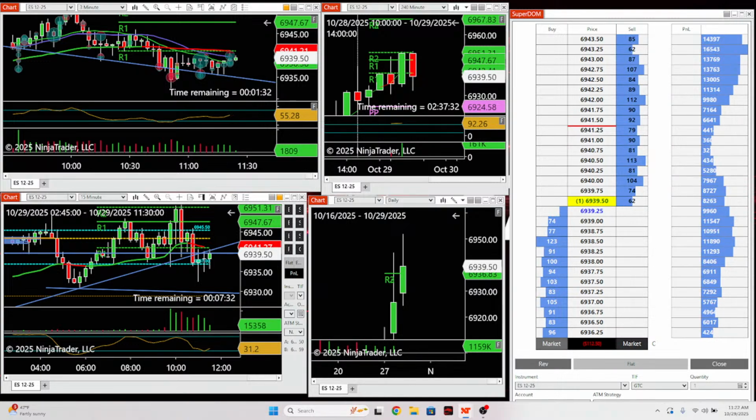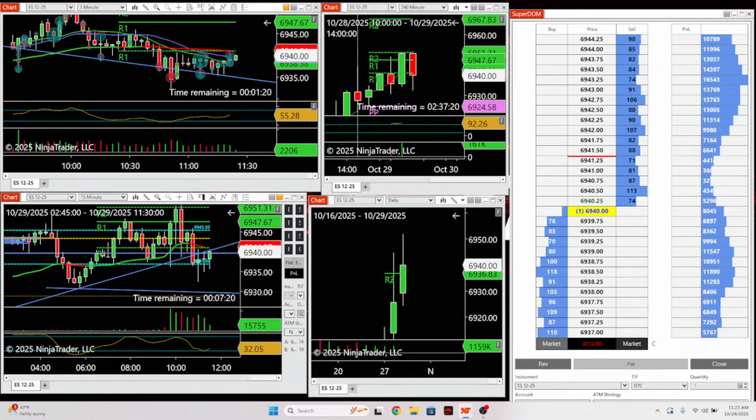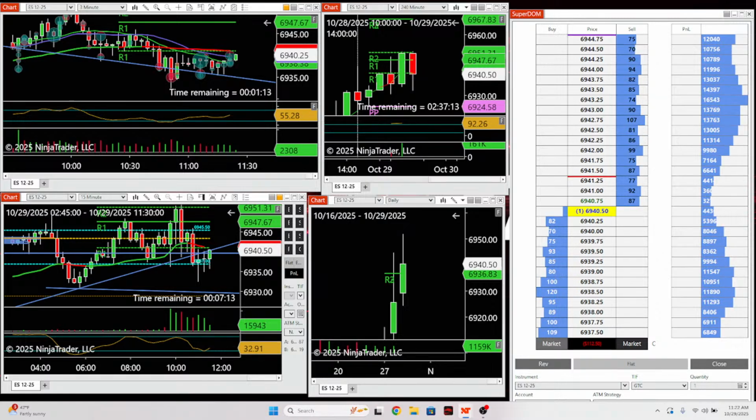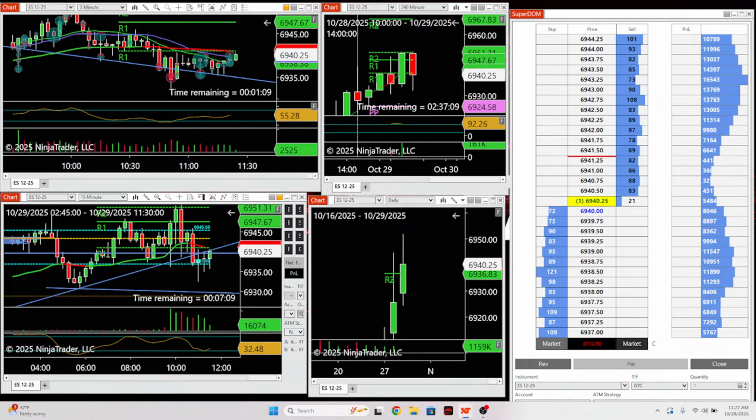Made lower high, lower high, lower high, lower high. Look, making lower highs. And I wouldn't say a flat top. We can try to get a break of this pennant here. There we go. Try to get a break of this. Test it, test it, test it.